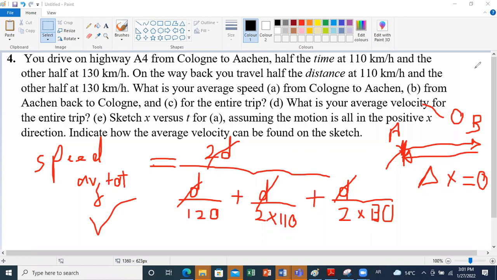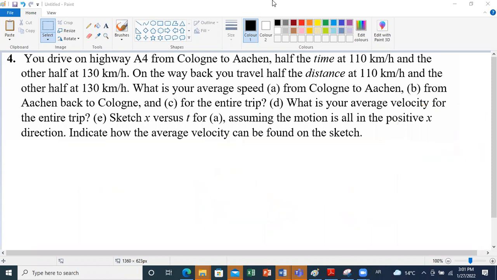Now if I want to sketch x versus time, this is x and this is t. Okay, I know that the maximum value of x is what?